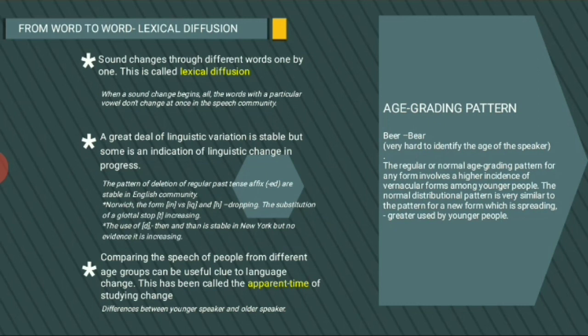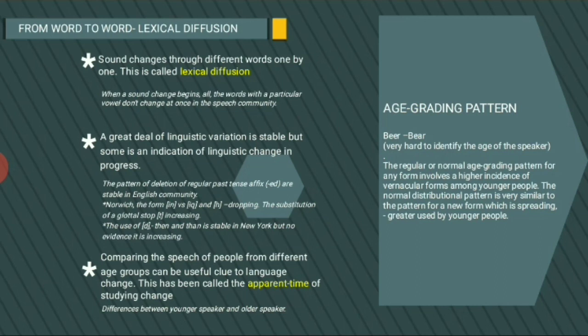But the younger people usually say, I want a glass of beer, oh, I'm scared of bear. They can't classify the two different pronunciations and lexical diffusion here when they are speaking.